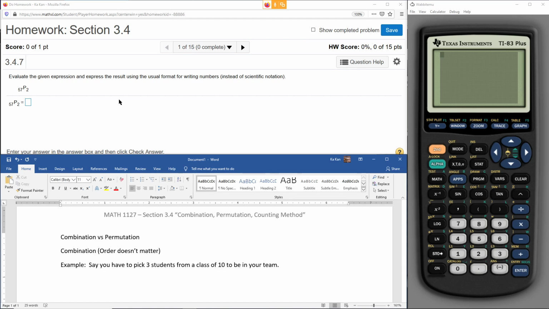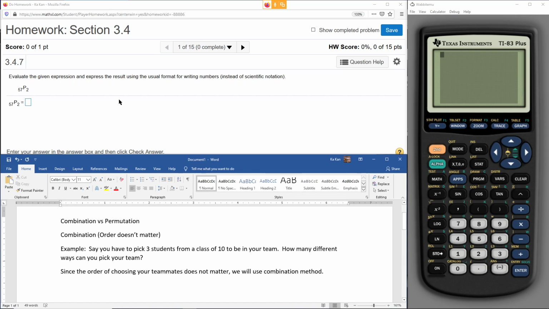How many different ways can you pick your team? It doesn't matter which order you pick. They're just going to be in your team anyway. So since the order of choosing your teammates does not matter, we will use the combination method.